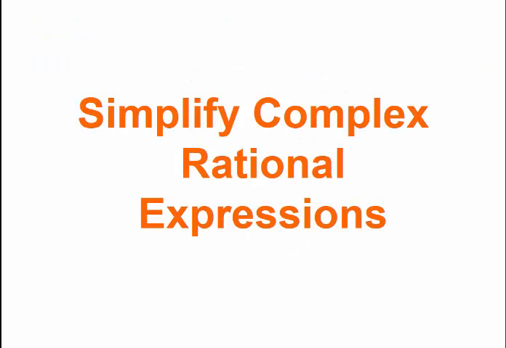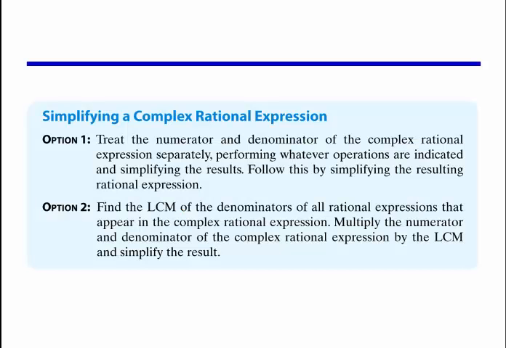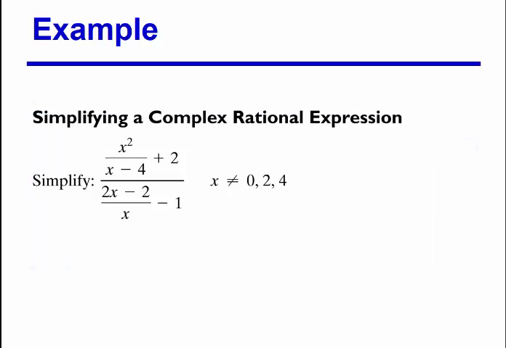And then the next thing we're going to do is simplify complex rational expressions. We've got two options for doing this. In class, I will talk about perhaps a different way of doing it than the PowerPoints do. So here we have (x² over x − 4 plus 2) divided by (2x − 2 over x − 1), and of course the restrictions 0, 2, and 4.